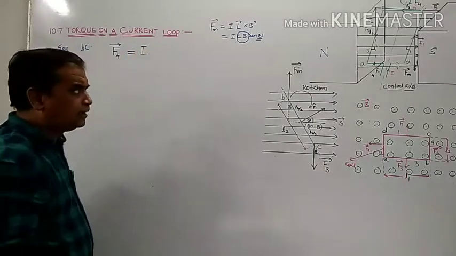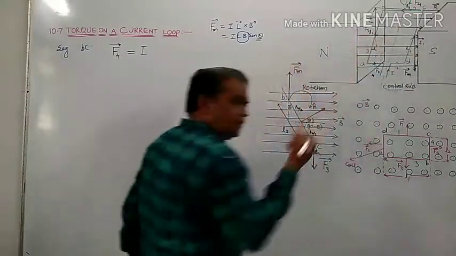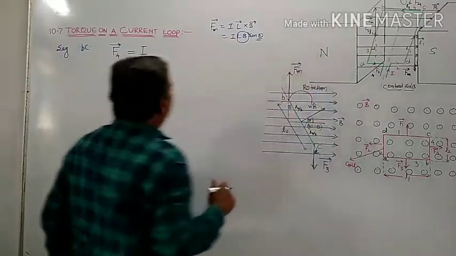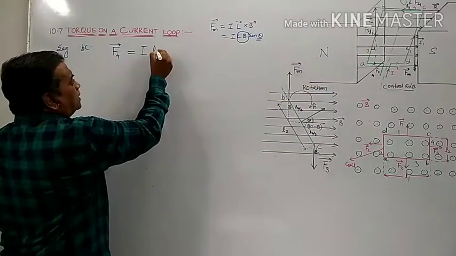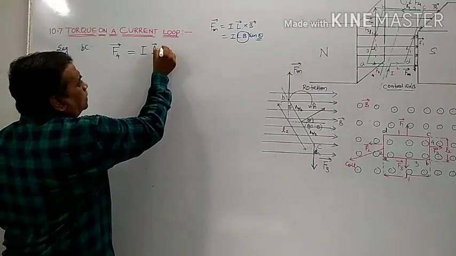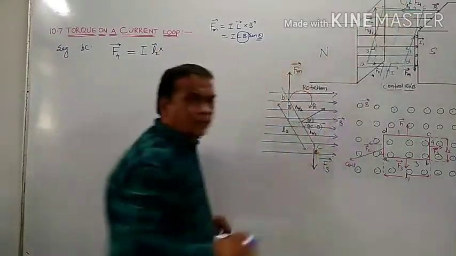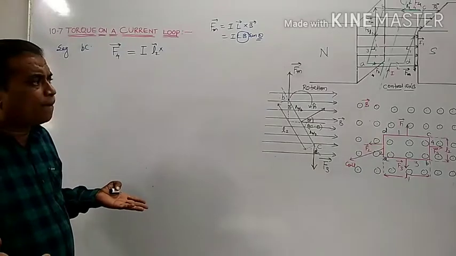That force is equal to the current flowing through segment BC, the same current I, into the length of segment BC, which is L2, cross the magnetic field in which that segment is kept.